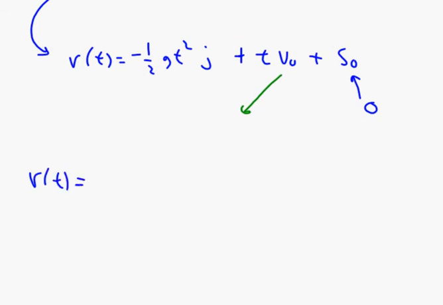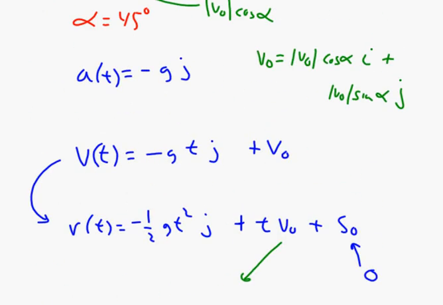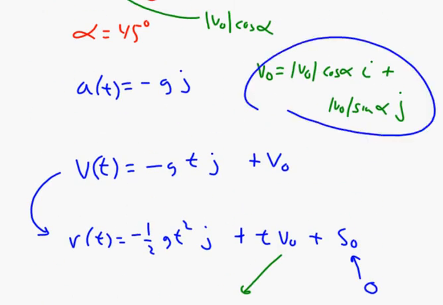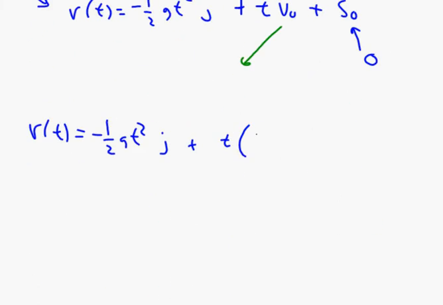R of t is going to look like negative a half gt squared j plus t times, and instead of writing V0, I'm going to write that expression from here. So if I do that, I'm going to get the norm of V0 cosine alpha i plus the norm of V0 sine alpha j.